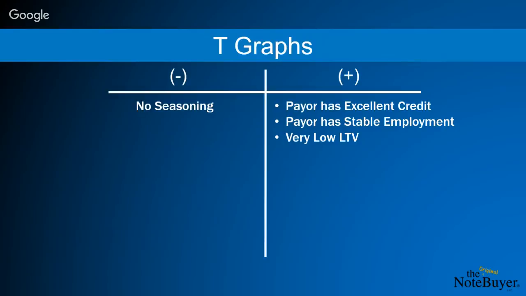For example, I just mentioned no seasoning, so this is a brand new note. There's no pay history. But if the payor has excellent credit and has been at their job for 5 years and is probably going to be there for another 20 years, and it's got a low loan to value, wouldn't that still be a good deal? I look at exactly that kind of thing, and I will make my offer accordingly.